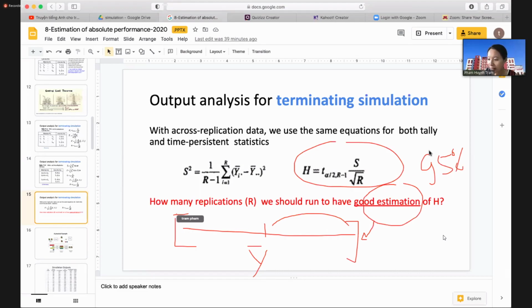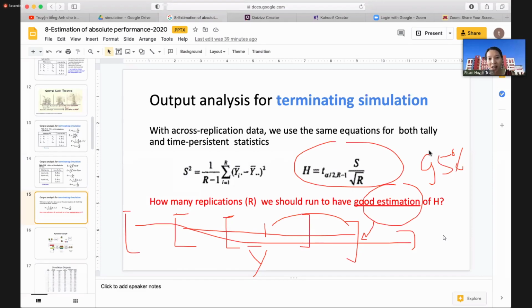If we give an estimation which is too wide, it means that our precision is very low. Our prediction is too wide, and it will not be useful. So a good estimation also means that our confidence interval should be small enough, precise enough.